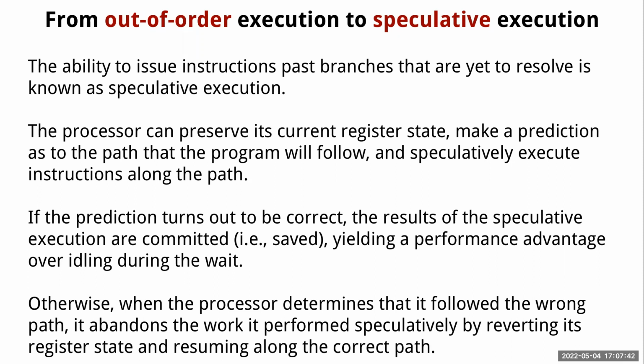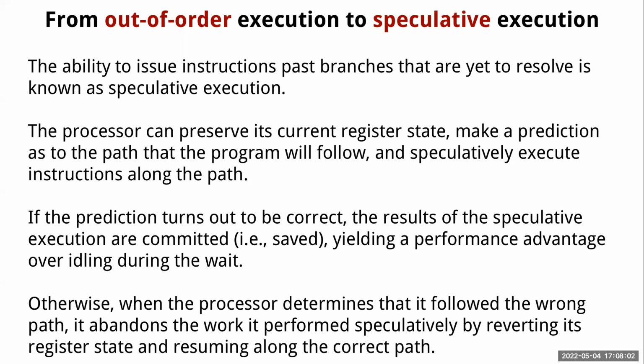This one cares about the branches. When we say out of order execution, the example I showed you on Monday has no branches. Speculative execution has the ability to issue instructions past branches. So it's basically an extension of out of order execution.